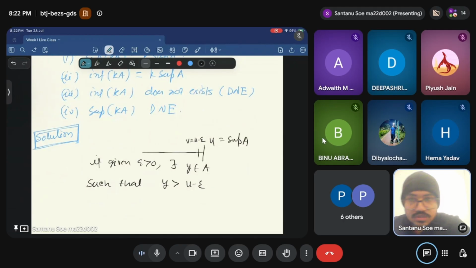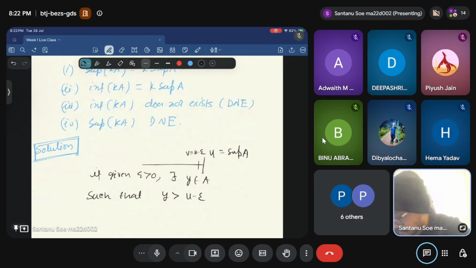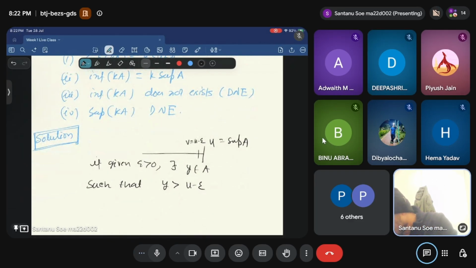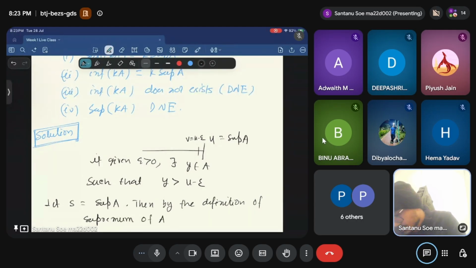Now let us use this definition to prove that supremum of kA is actually k times supremum of A. So let S equal supremum of A. Then by the definition of supremum of A, x will be less than or equal to S for each x in A. Is this clear?